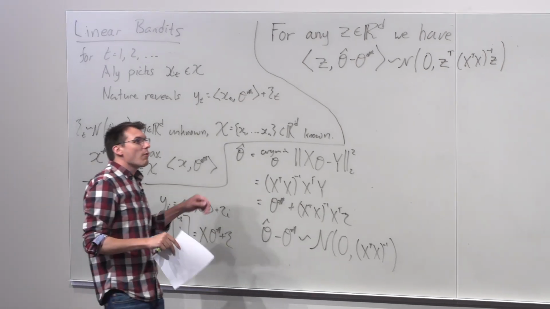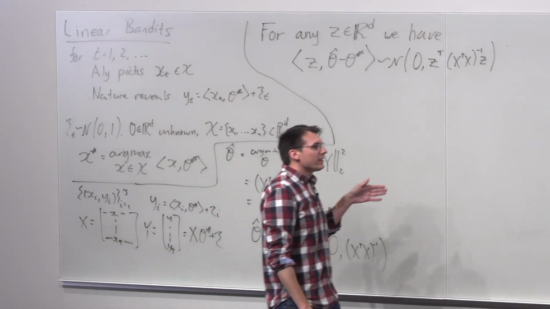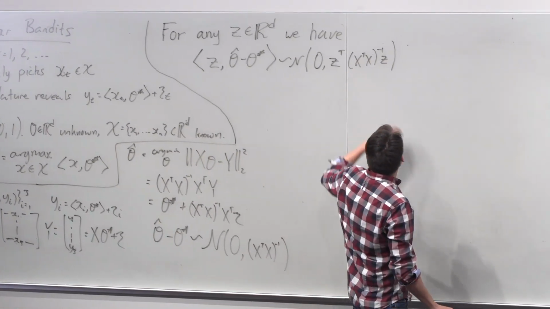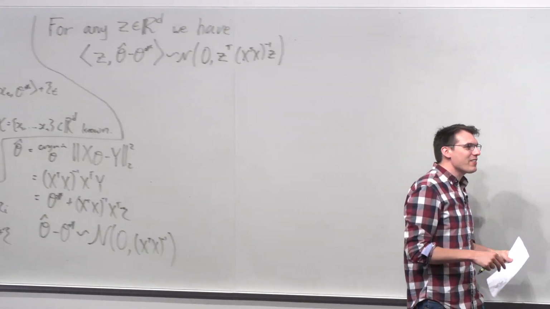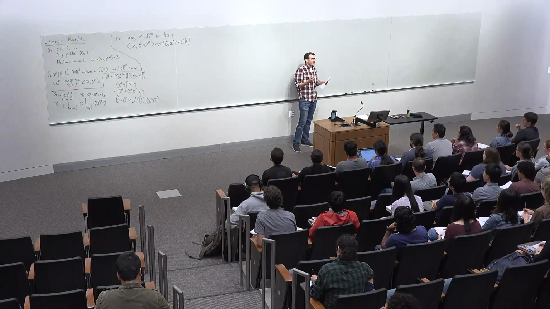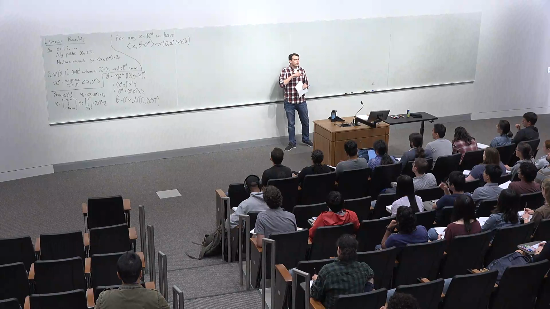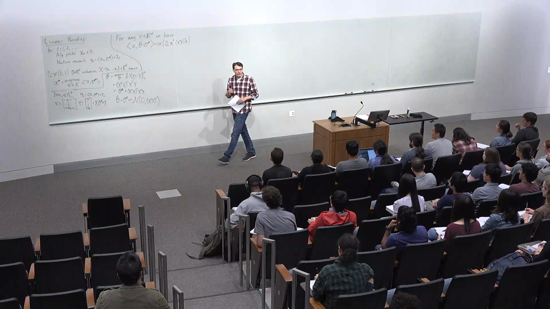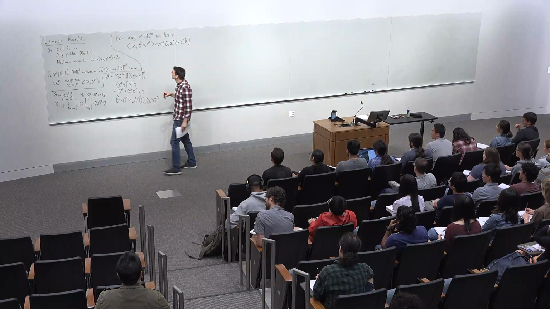Because what we did on the first day of class, which was yesterday, was show that if you had a Gaussian random variable with mean 0 and variance sigma squared, then we can build a confidence bound that was like square root of 2 sigma squared log 1 over delta.